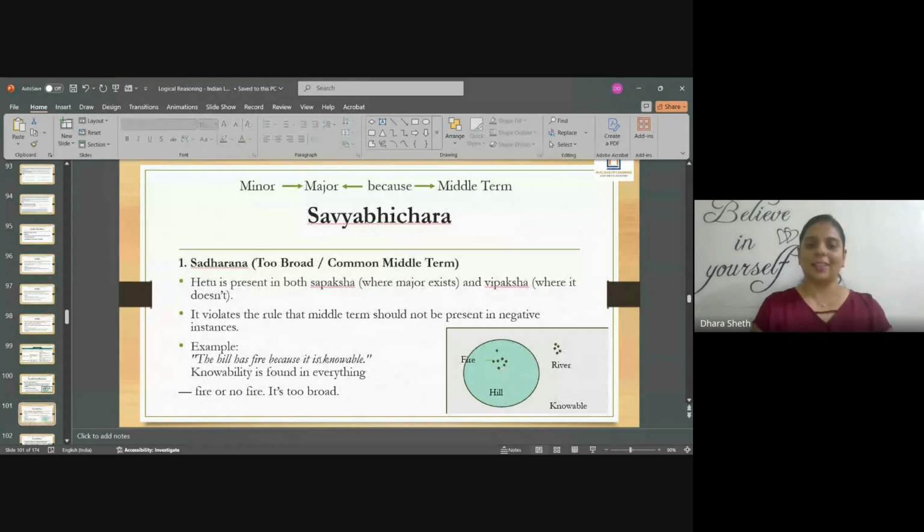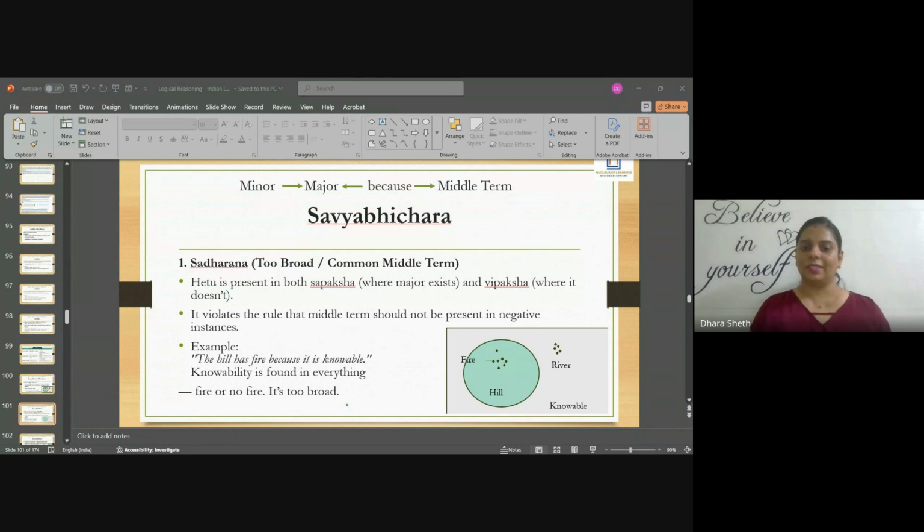First, sadharan. Sadharan is where things are too broad. The hill has fire because it is knowable. Now, the hill can have fire, but what has it got to do with knowable? Because river is also knowable. So river also has fire. Everything that is knowable has fire? No, right?